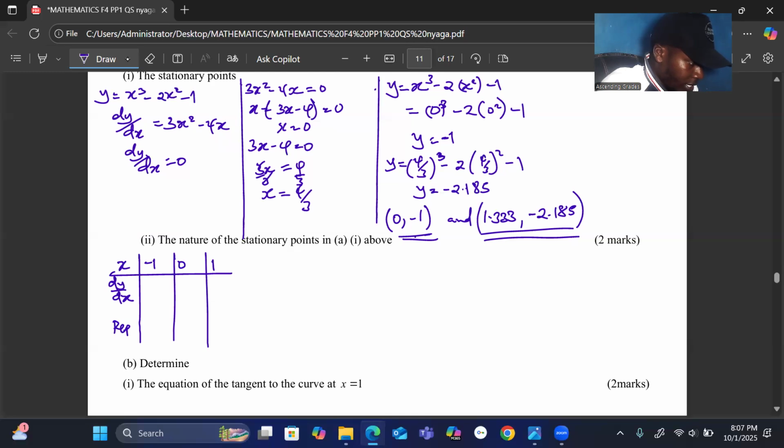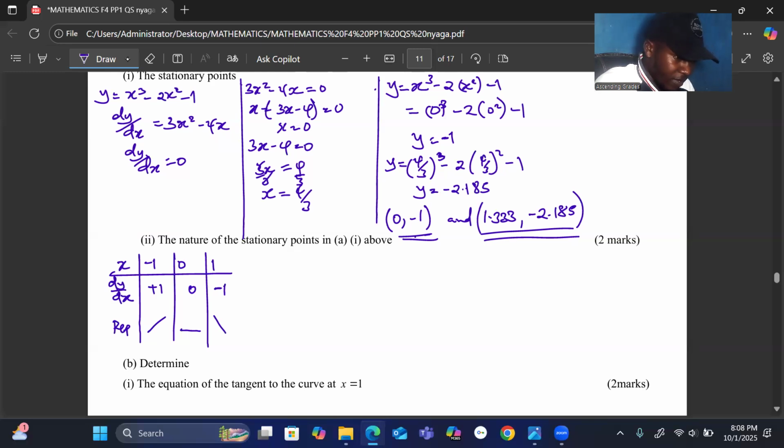So dy/dx is positive at -1, 0 at 0, and negative at 1. Positive is represented with this, the negative represented by that. So that is how we represent the given stationary points.